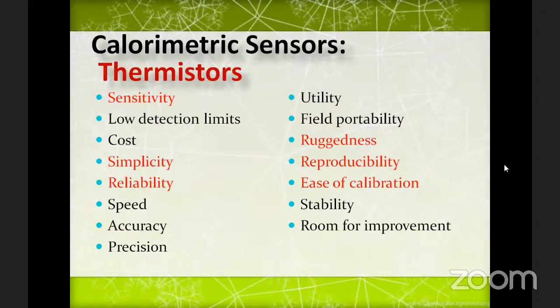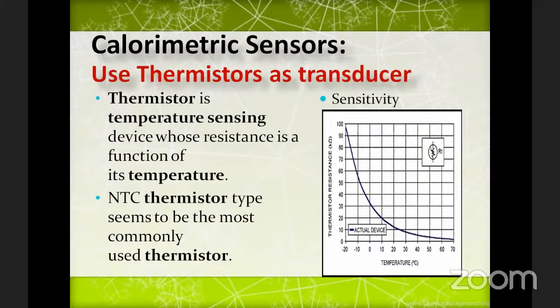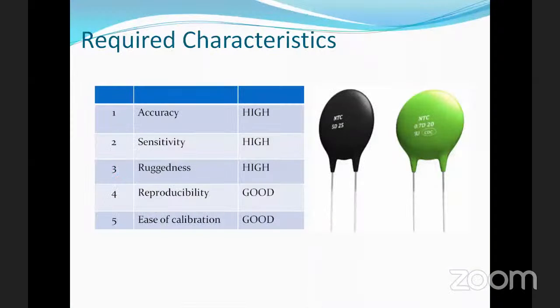Next slide. So what is a thermistor? A thermistor is a temperature sensitive resistor. We know that the characteristic of the thermistor can be a negative temperature coefficient, and a positive temperature coefficient is also available. Generally, it is of a negative temperature coefficient.